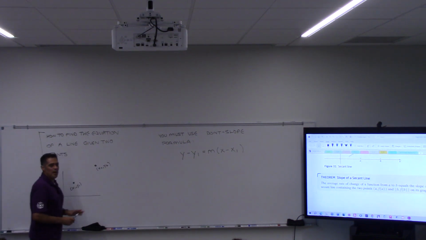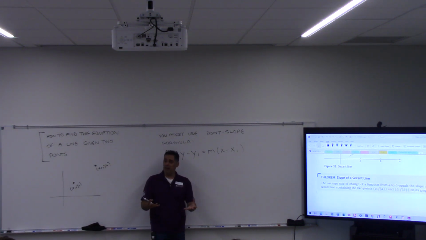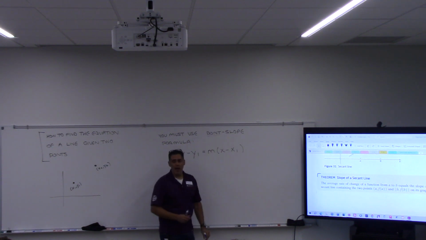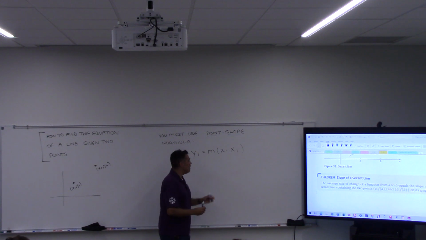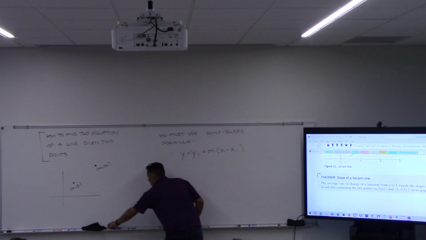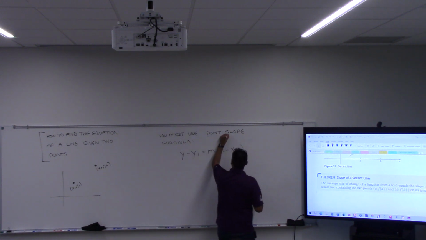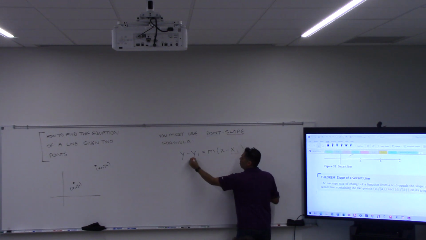What this formula does is it allows you to come up with the equation of a line as long as you were given what? A point on the line and the slope of the line. If you have those 2 things, then you can find the equation. I'll do this in red. So what is the point in this formula, what's the point that I'm given? x1, y1.